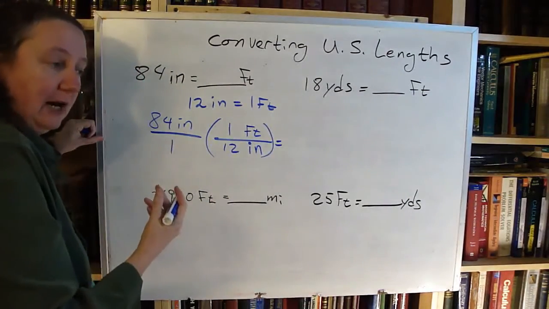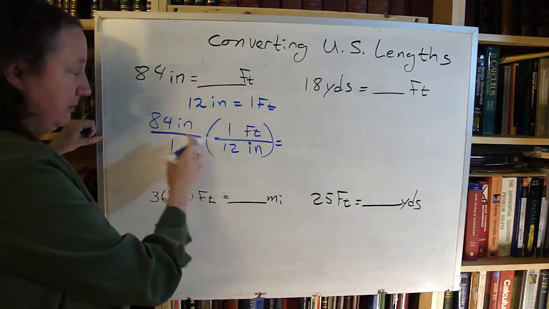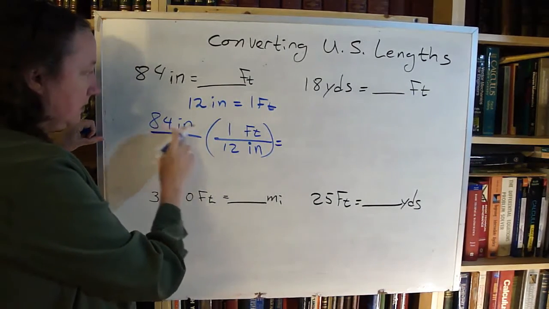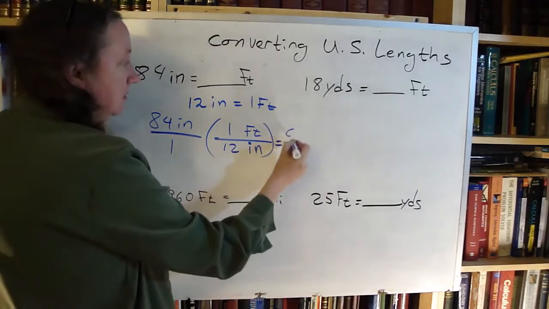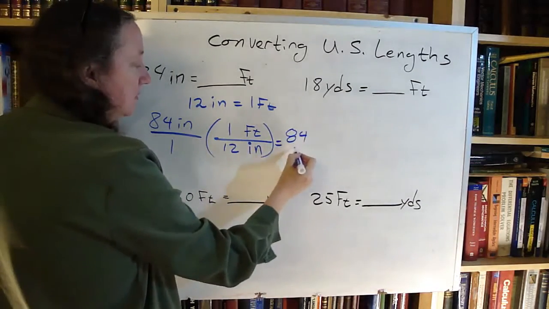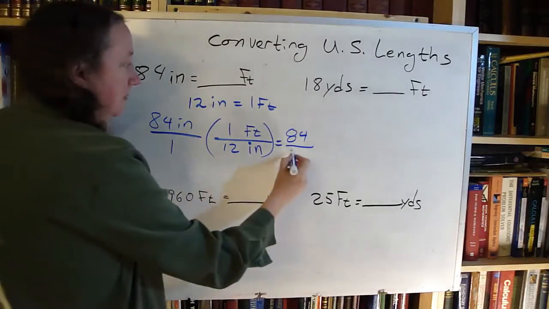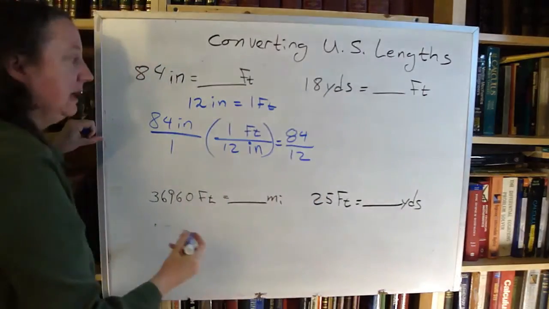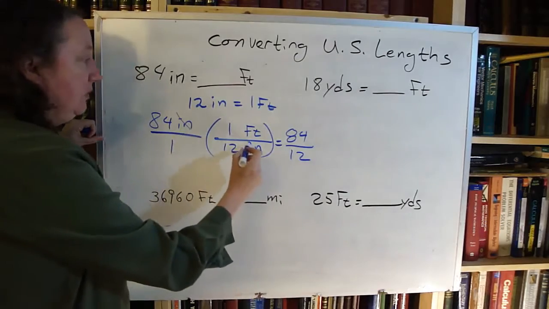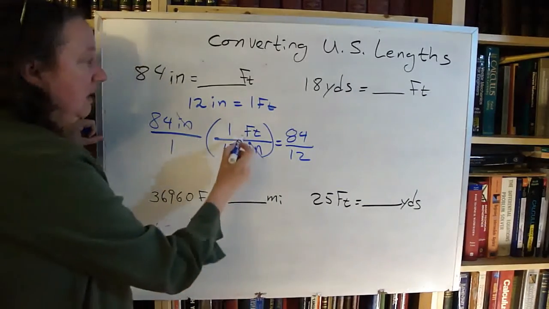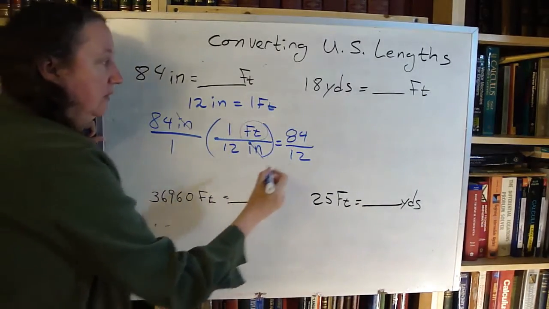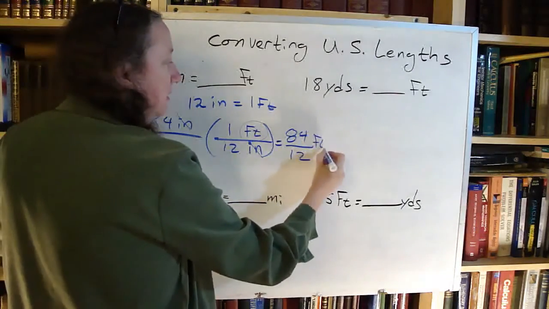Just like with any fractions that are being multiplied, top times top, bottom times bottom, cancel out where you know you can cancel out, and keep your units as needed.